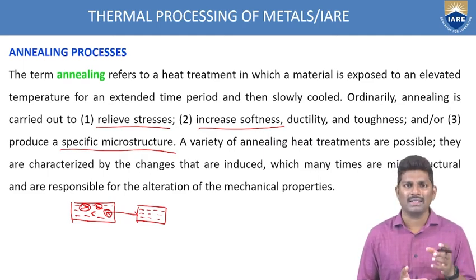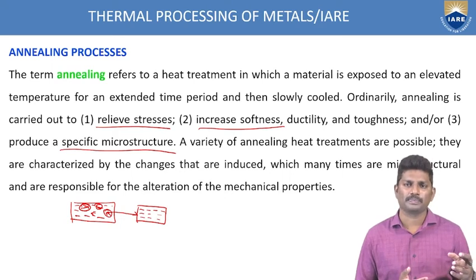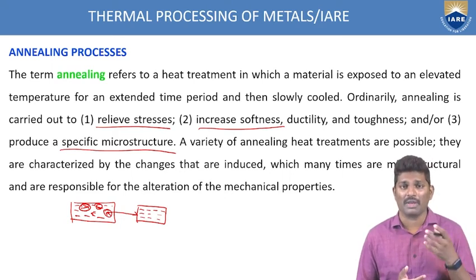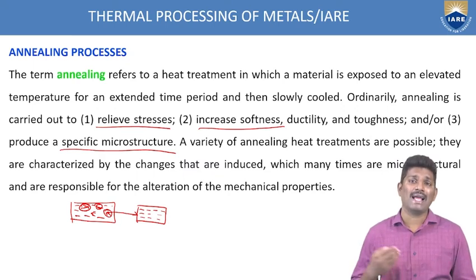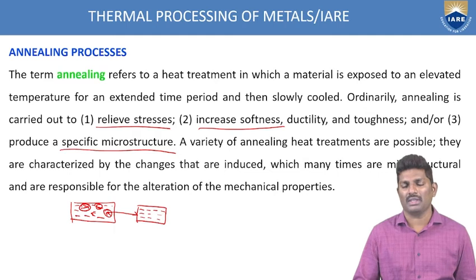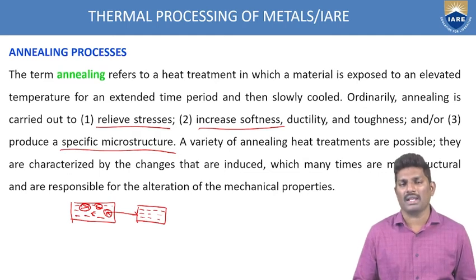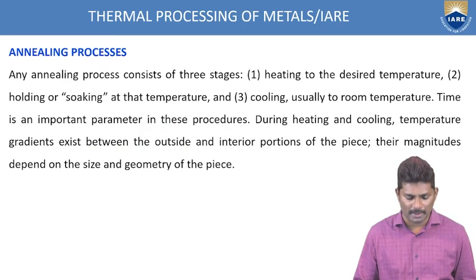In order to get stress relief, in order to get specific microstructure, in order to increase the ductility or the toughness. These are some of the things where annealing is important. Also, if you want to enhance the mechanical properties, annealing is one of the important processes for enhancing them.